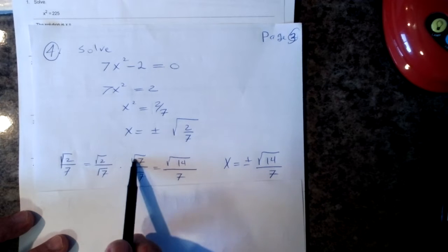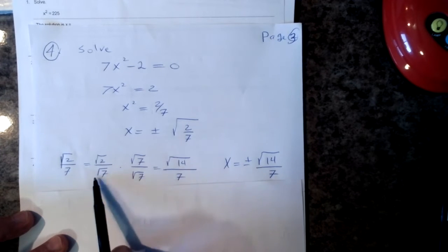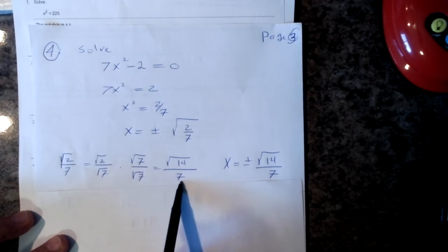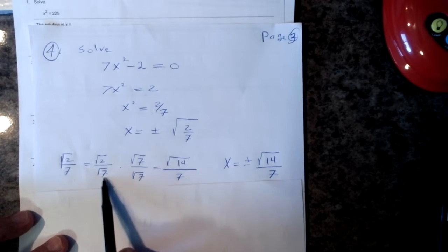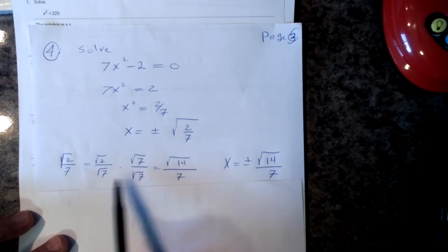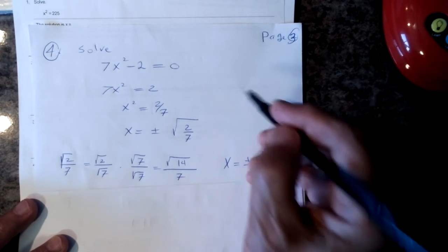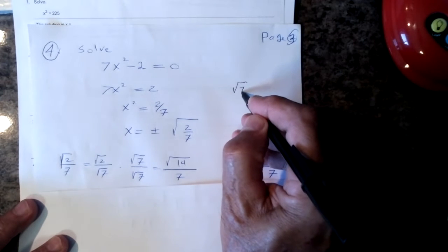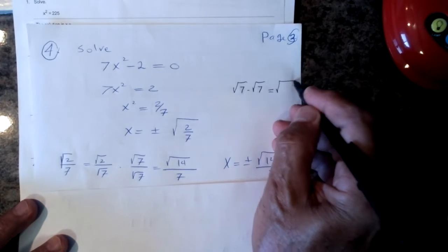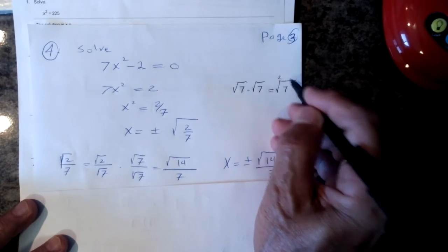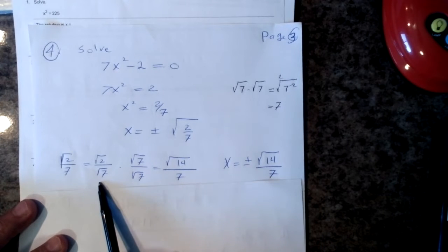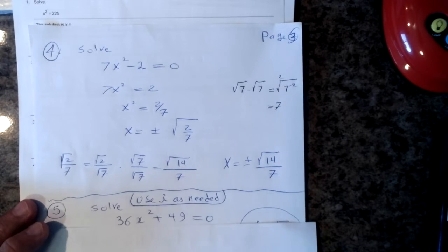When you multiply these two, you get radical 14. What is radical 7 times radical 7? It is radical 49, or 7. So anytime you take a radical and multiply by itself, the radical is removed. Radical 7 times radical 7 is 7 to the power of 2, or just 7. So anytime you want to remove the radical, you just multiply by itself.